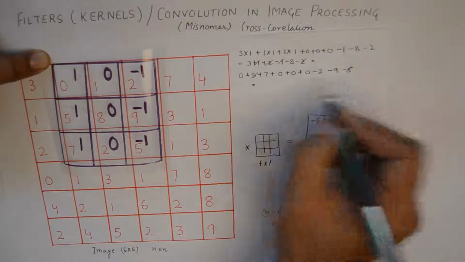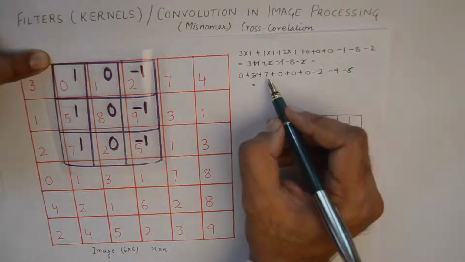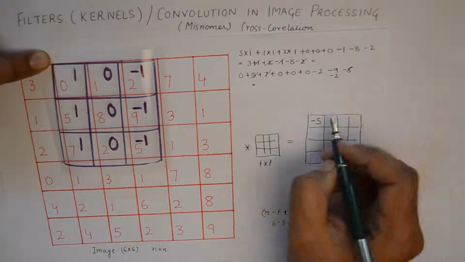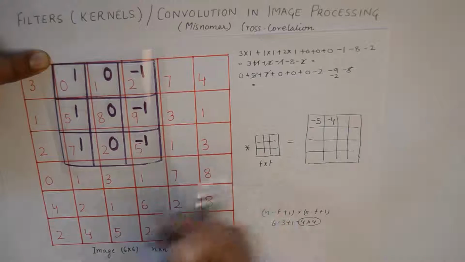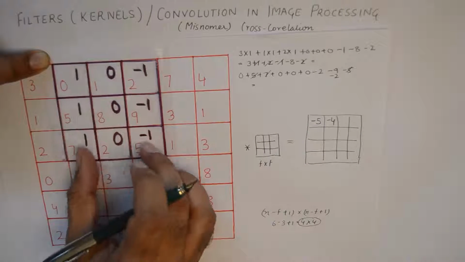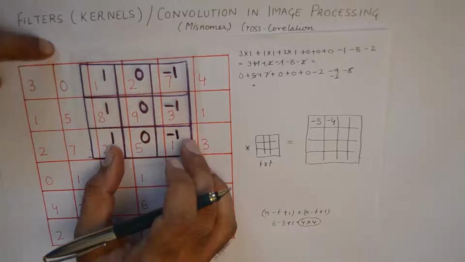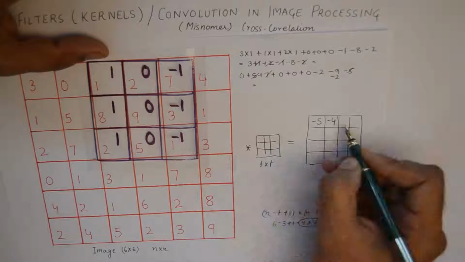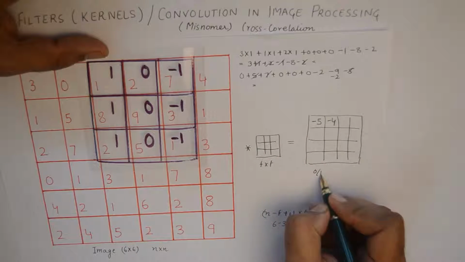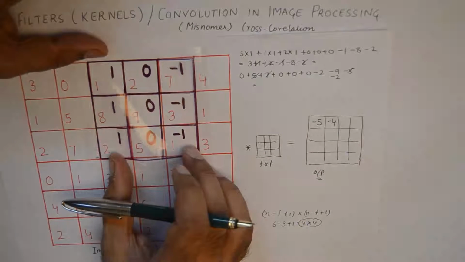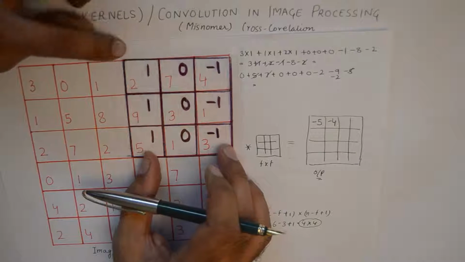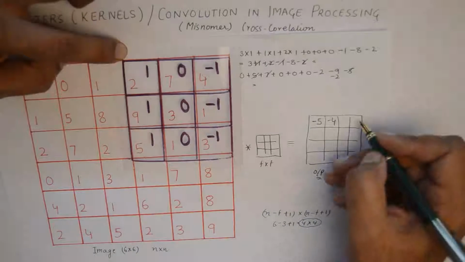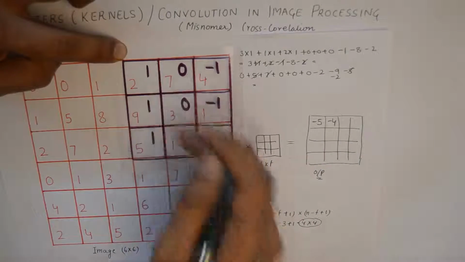So this 7 gives me minus 2 here. So this gives me minus 4, and so on and so forth. You can simply keep on sliding this filter to get the pixel value at the output, and this is our output. Because you can no longer slide this filter after this position, we get a 4 by 4 matrix at the output.